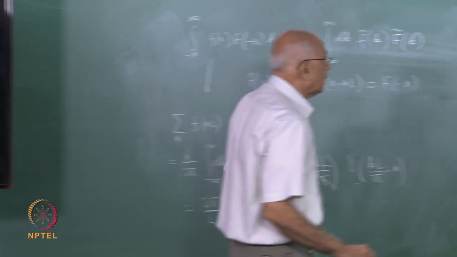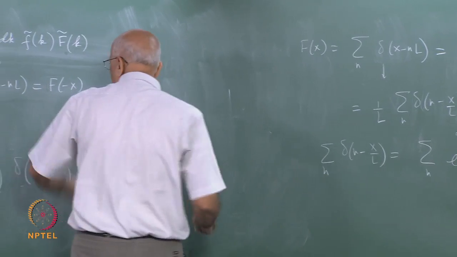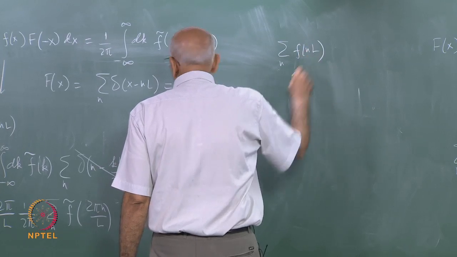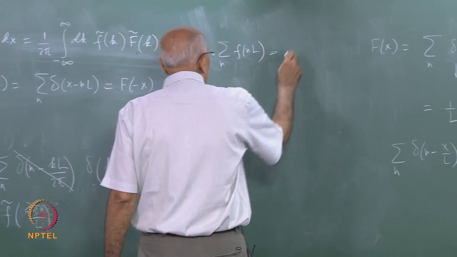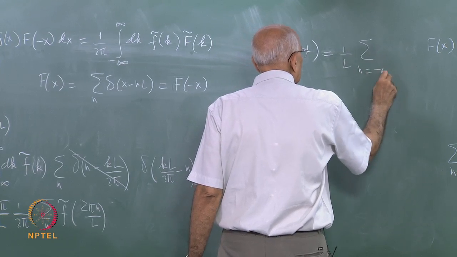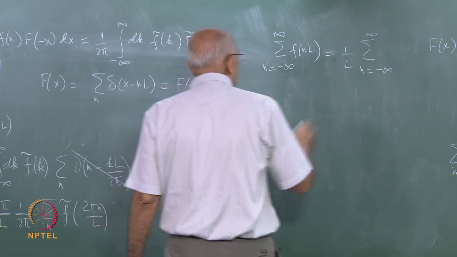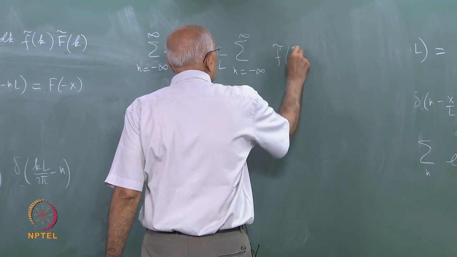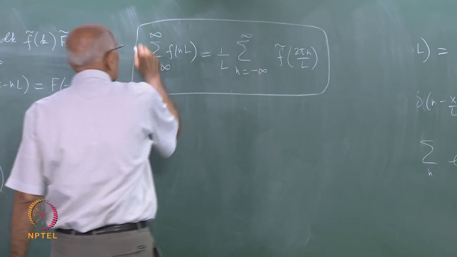So we have our final result, which is the Poisson summation formula, and it says that if f of x is a nice function, then summation over n f of nL, where L is any arbitrary positive constant, this is guaranteed to be equal to 1 over L summation over n, and now let us write this out, minus infinity to infinity f tilde of 2 pi n over L. This is the famous Poisson summation formula.